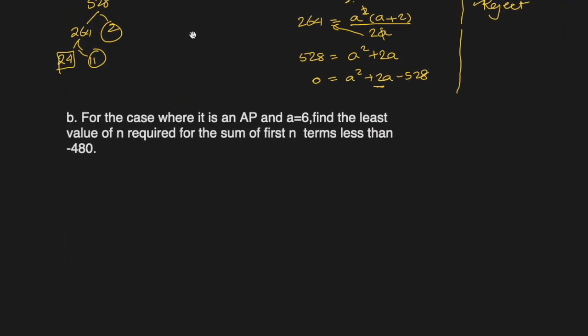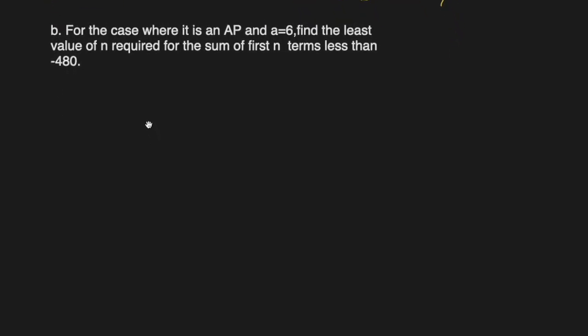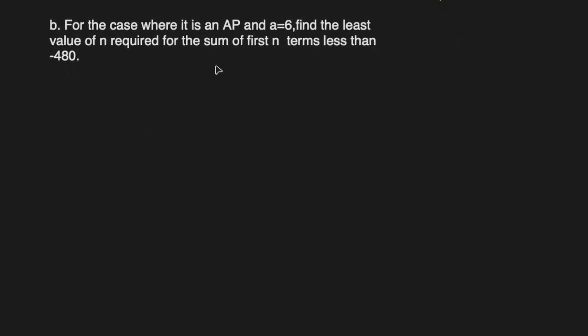For the case where it is an AP, okay, so in this case it is arithmetic progression. A is given here, very good. So let's write the values. A1 was 6, A2 was a square divided by a plus 2.